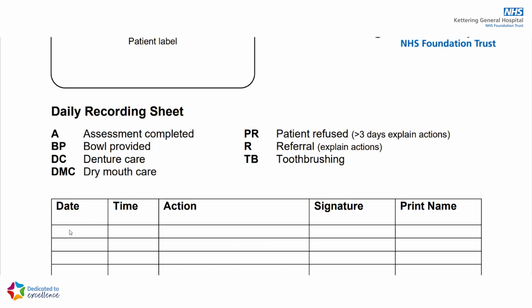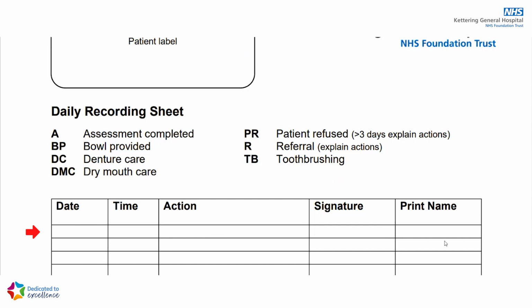So you could put the date and time, so the 25th of the 1st, 2024, 1800 hours. The action is an A because we've done assessment. And we've also given some dry mouth care, so we would then do DMC.